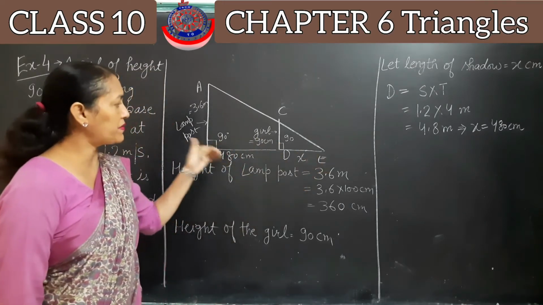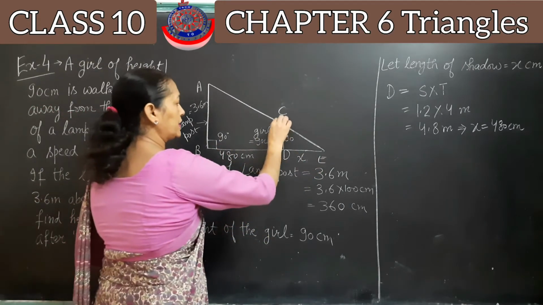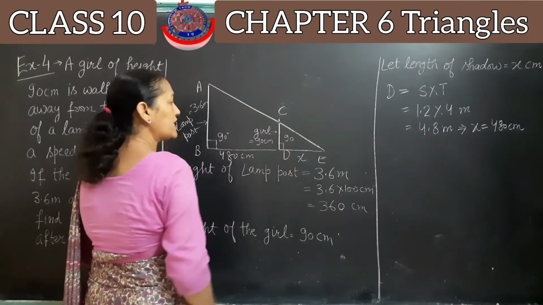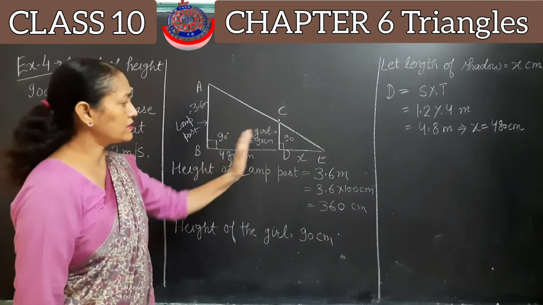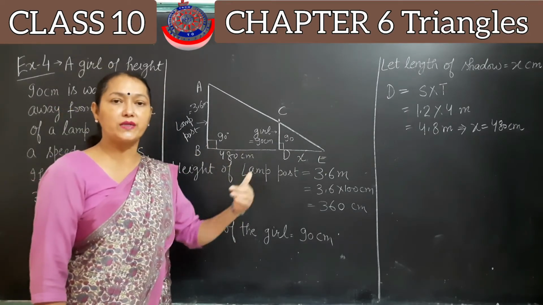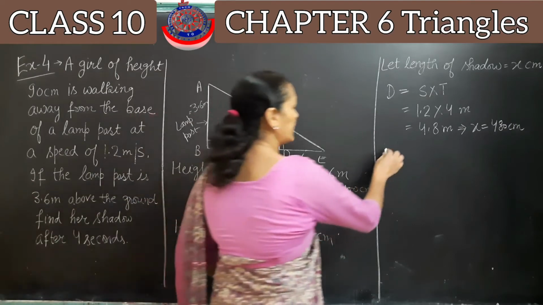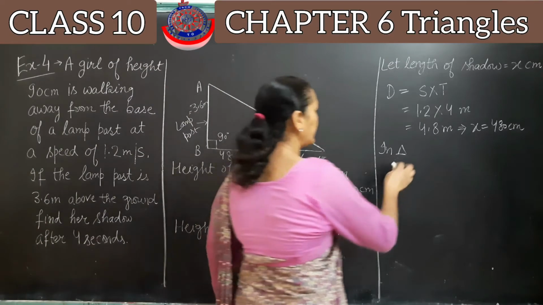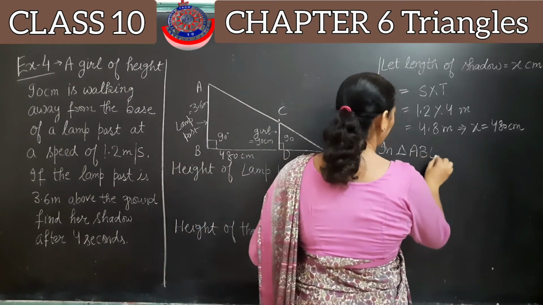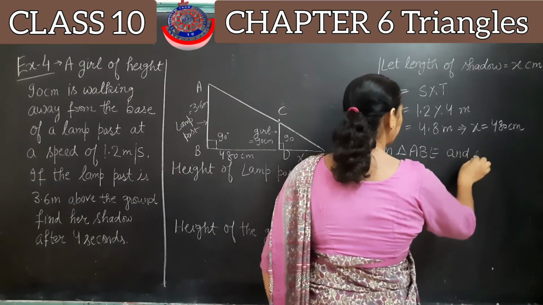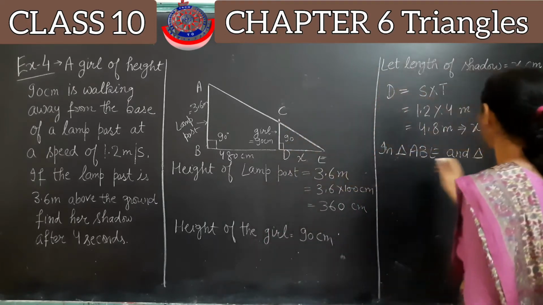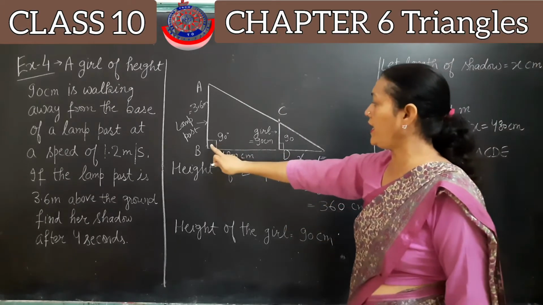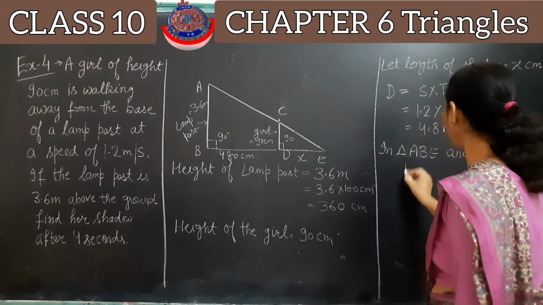Now if we use similarity, where triangle ABC and triangle CDE. Do you think angles are equal or sides are proportionate? See, in triangle ABE and triangle CDE, if you check, first thing, angle B and angle D, both are 90 degree.